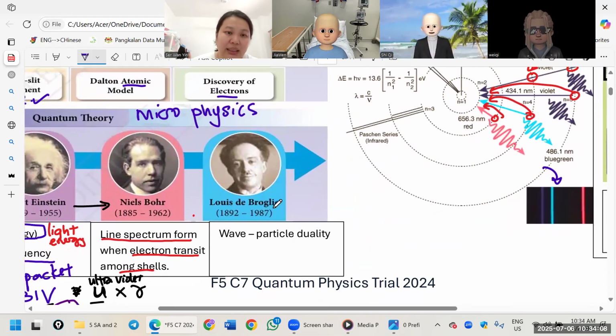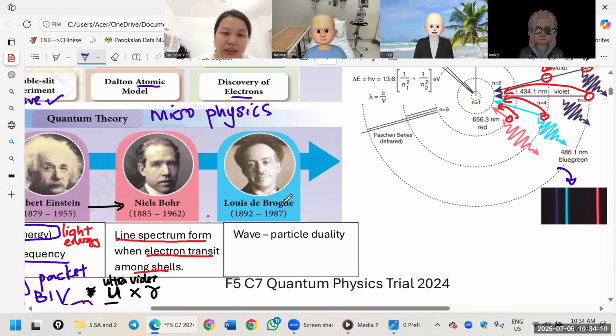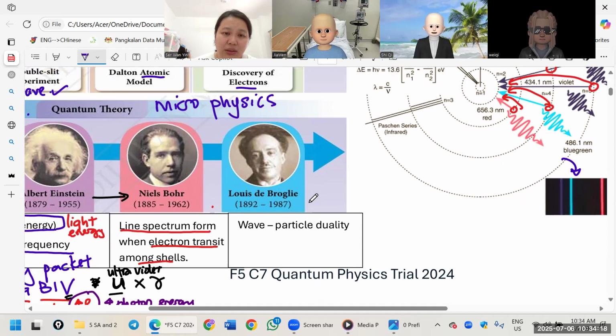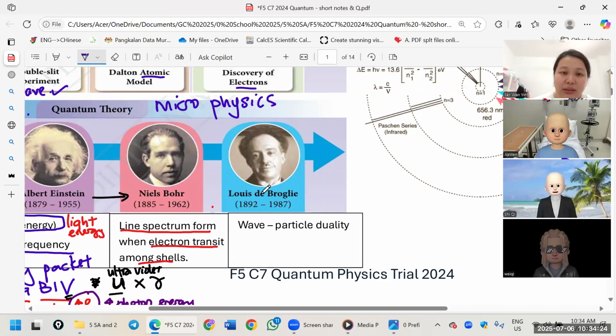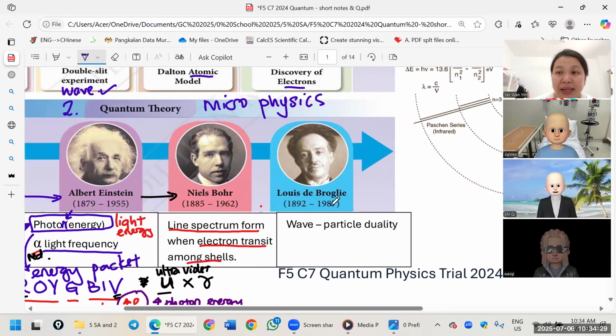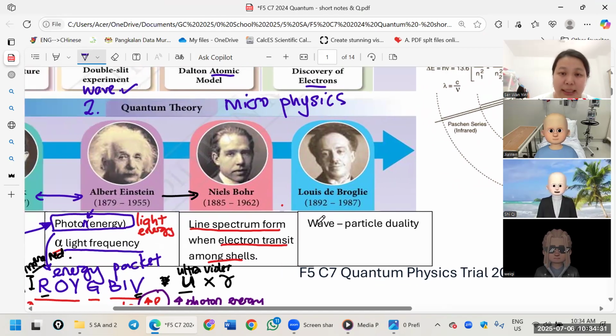Then finally, we come to Louis de Broglie. He's French. If I'm not mistaken, his name is Louis de Broglie. Of course, if pronounced in Bahasa it's Louis de Broglie. No, actually, it's de Broglie. He came up with the wave-particle duality theory.